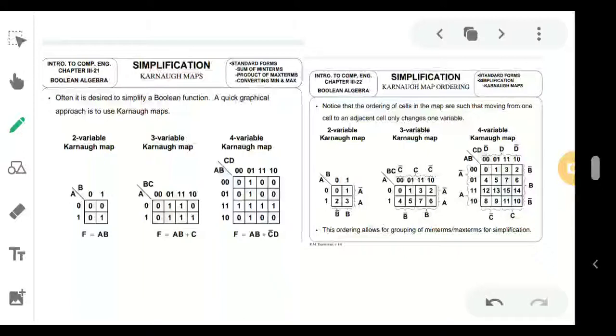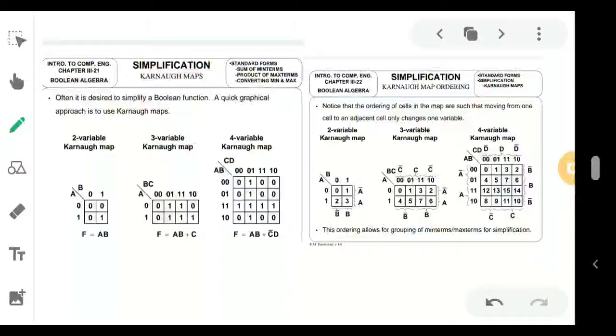So the simplification of switching functions using Boolean laws and theorems becomes complex with an increasing number of variables and terms. So the Karnaugh map technique provides you a systematic method for simplifying and manipulating switching expressions.